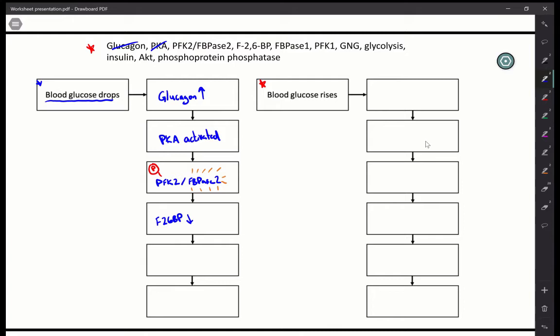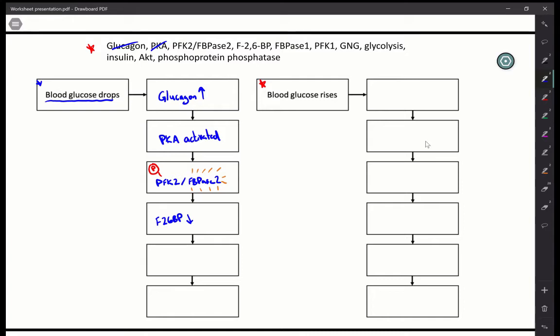And you say, yes. What are those again? PFK1, remember, is a glycolytic enzyme. It is one of the key regulatory points in glycolysis, and it can be activated when fructose 2,6-bisphosphate levels are rising. FBPase1, on the other hand, is an enzyme found in gluconeogenesis, one of the key regulatory steps in that, and it will be inhibited as F26BP rises.